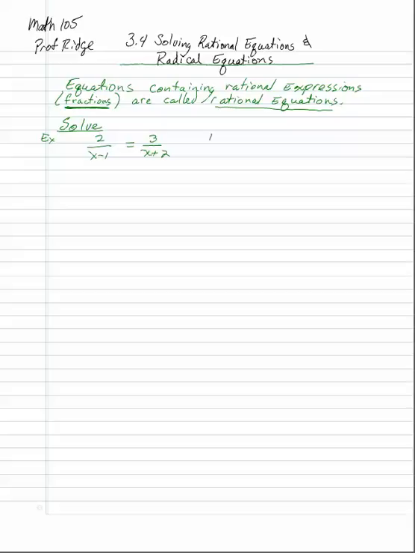Okay, so our first step is we're going to clear the fractions by multiplying both sides by the LCD of all the fractions. So in this case, the LCD is x minus 1 times x plus 2.